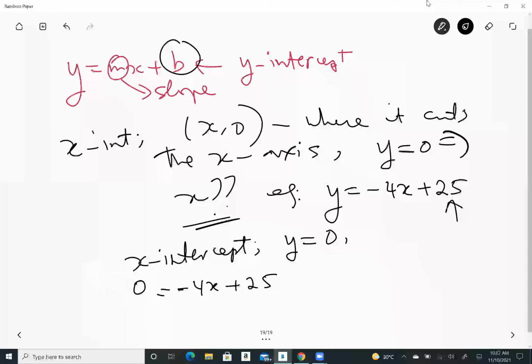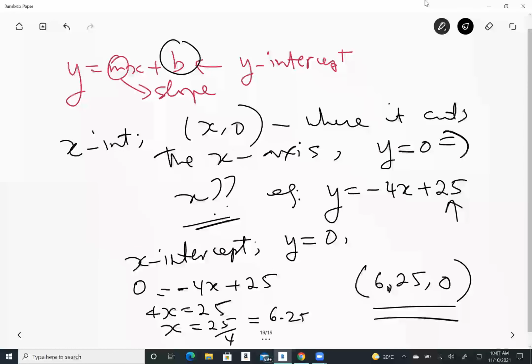That means 4x equal to 25, so x equal to 25 over 4. Divide 25 by 4 and you get 6.25. So the x-intercept is 6.25, where it cuts the x-axis.